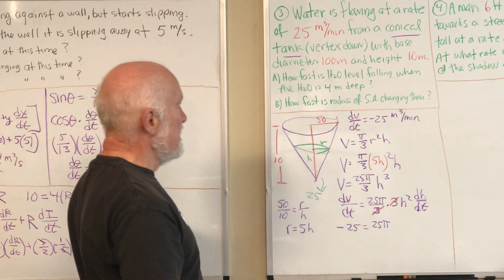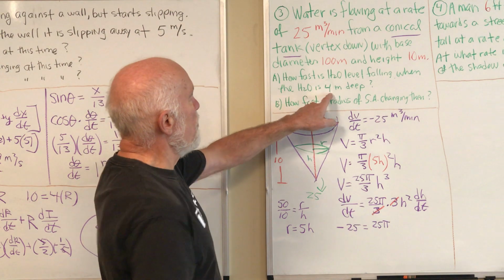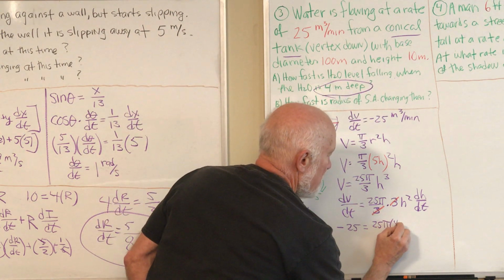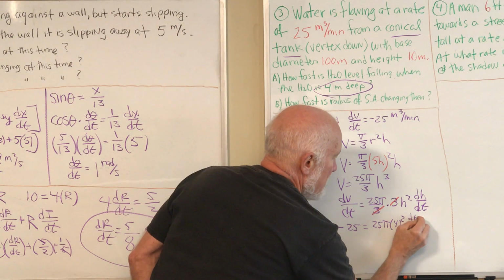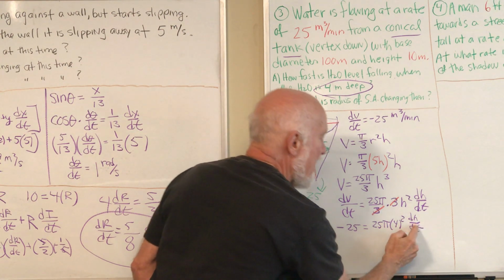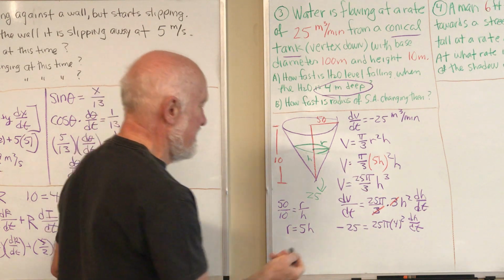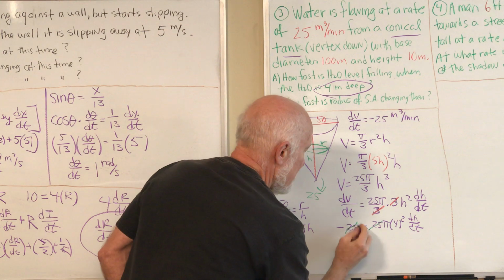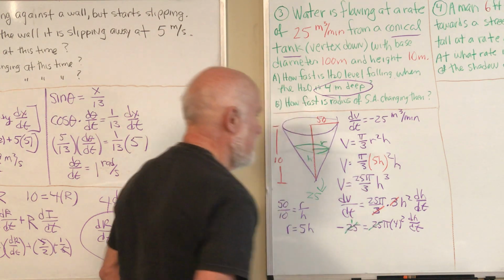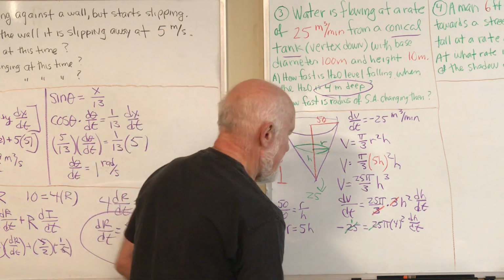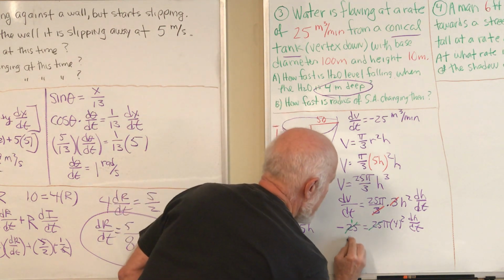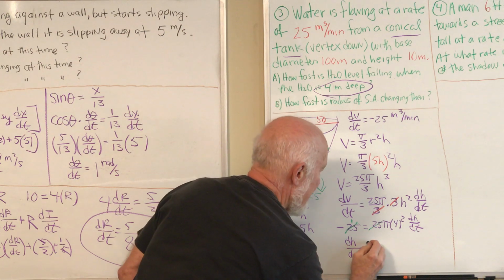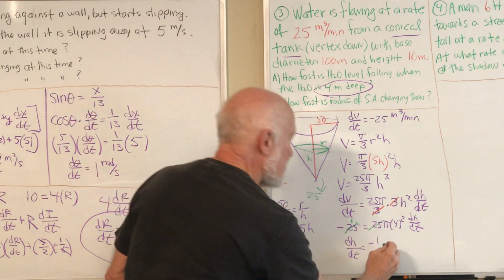And h, we want to do this when the water is 4 meters deep. Well, I think we can now solve for dH dt. We could divide both sides by 25, and now we get dH dt is negative 1 over 16 pi.